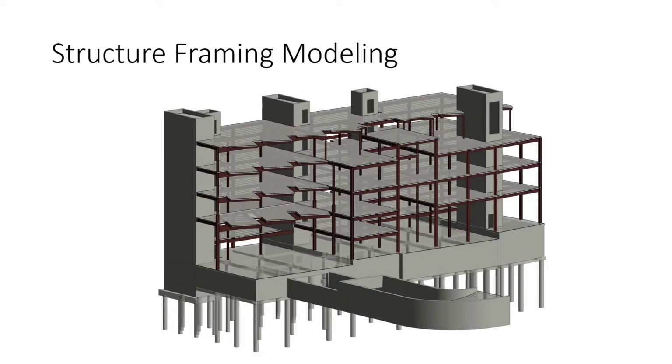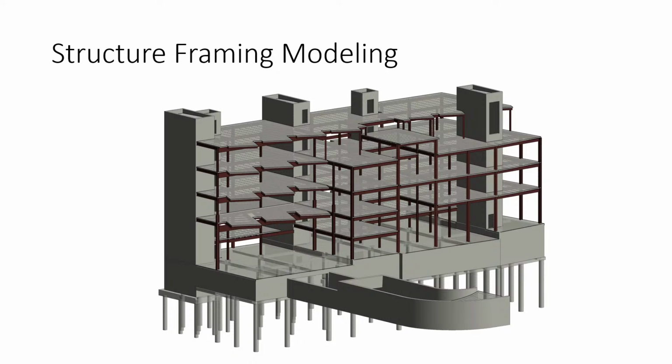Okay, so till here it is made for architecture. Okay, and we cannot neglect structural framing modeling. So we will start with the concrete structure, and then we'll go for composite building, concrete and steel building.